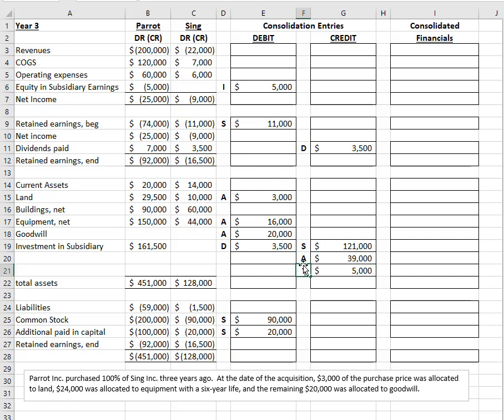We have one more entry to do, which is to do 1 more year's depreciation on this equipment. And so we know that's 4,000 a year. We'll put that up here under operating expenses. Sometimes they give you a line for depreciation and amortization separate from operating expenses, but if they don't, just put it in operating expenses.